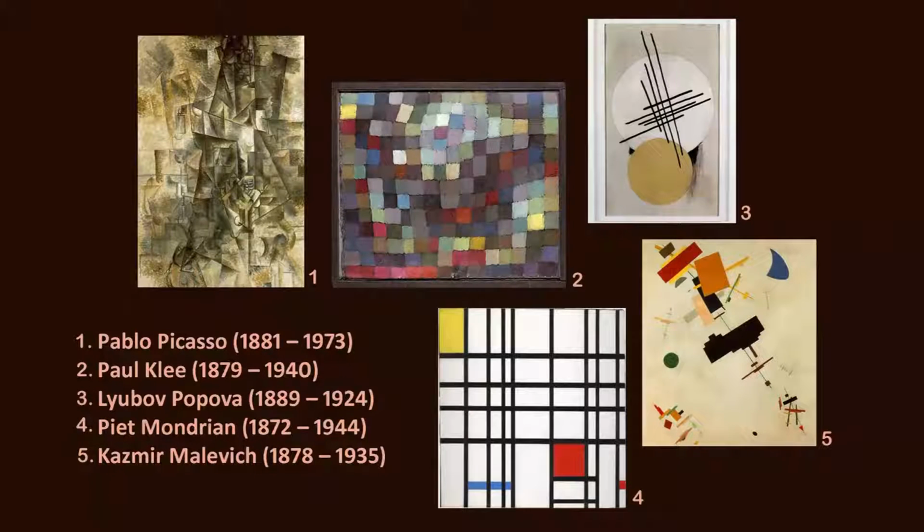But then when you look at their timeline, you will see that almost all of them were born more or less very close to each other, which implies that they lived and worked at the same time, which further implies that abstraction was quite an in thing during the time when these artists and many others whom we are not mentioning right now were working.